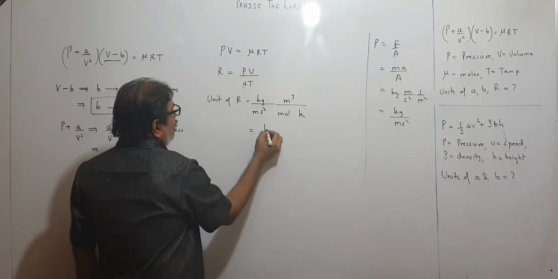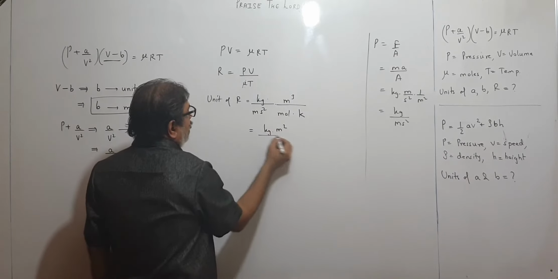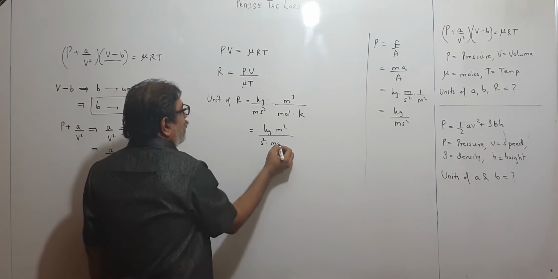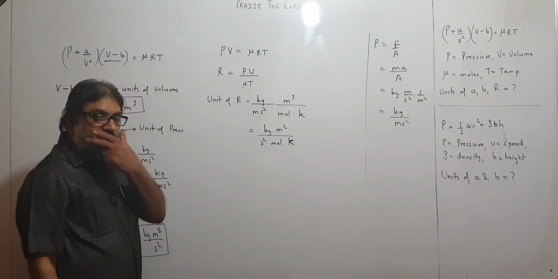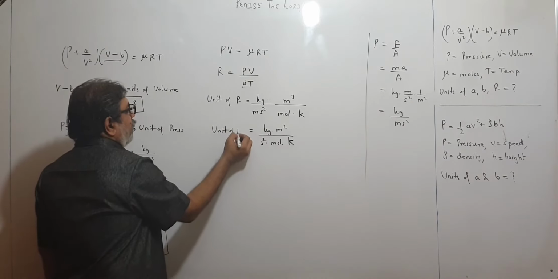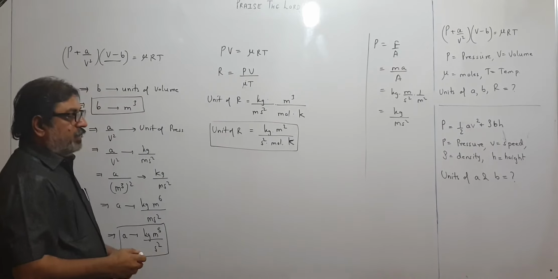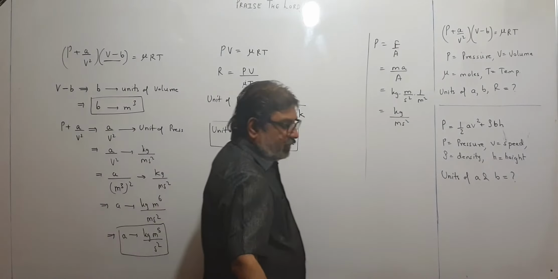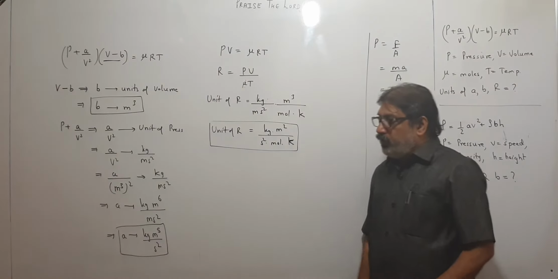See, 1 meter gone, so kg meter square upon second square, mole and Kelvin. This is the unit of R. So we get all the units, the units of a, b and R like this. Please pause and copy, children.